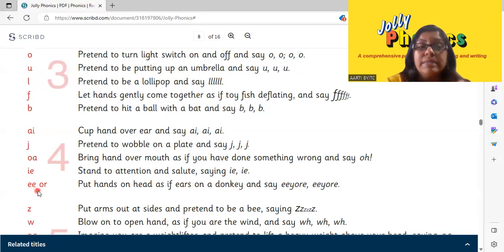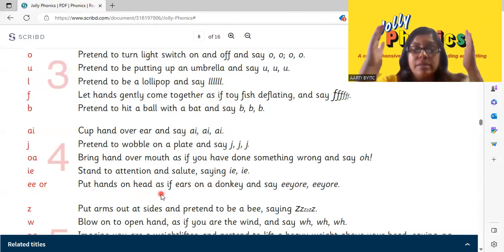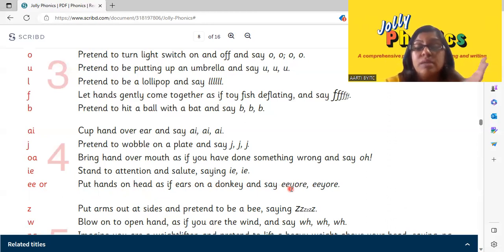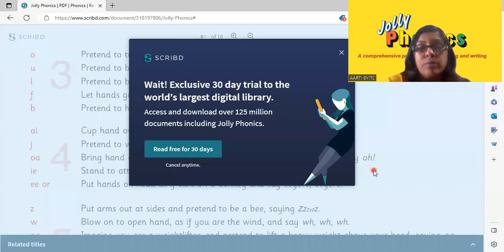Now here, long E sound I can see here, long E, right? And OR, or sound. Put hands on the head as if ears on a donkey and say aor, aor, aor, right? So two E's together make a long sound, and OR makes O and R sound together.